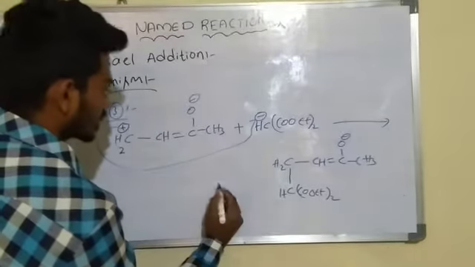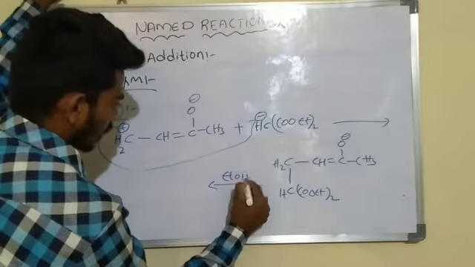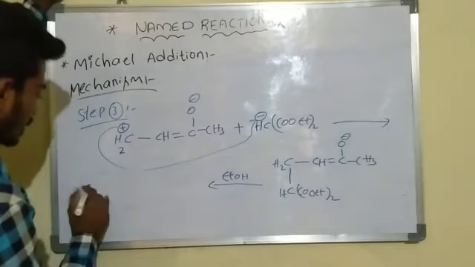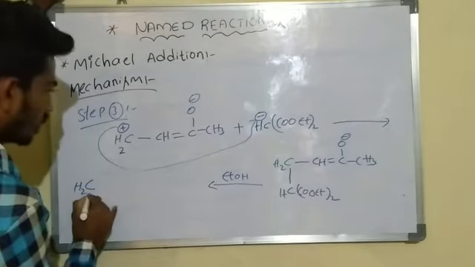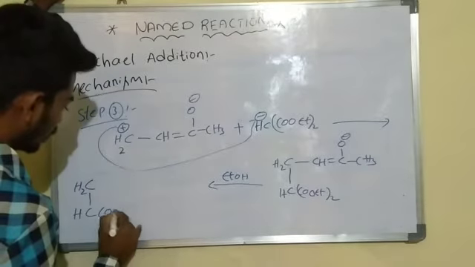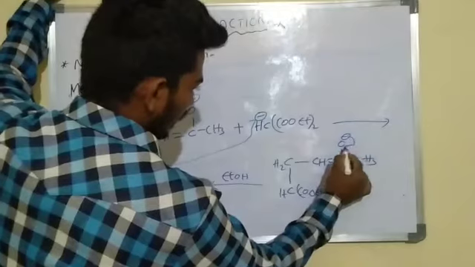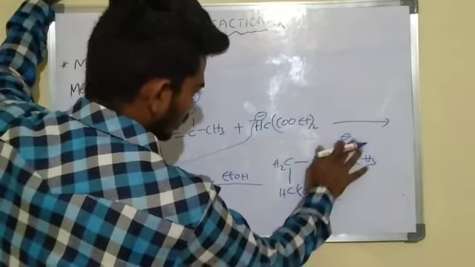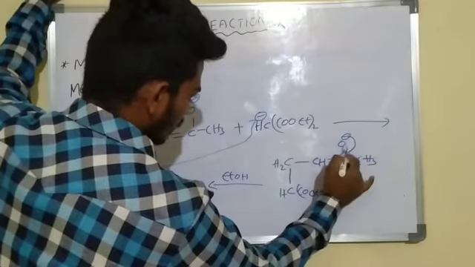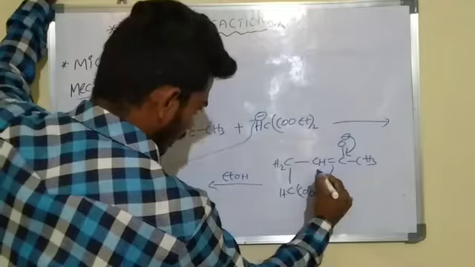Then this is treated with base and it forms our required product, that is the addition product, CH2, CH, CH(COOEt)2. Here the negative charge migrates, and this double bond migrates here.